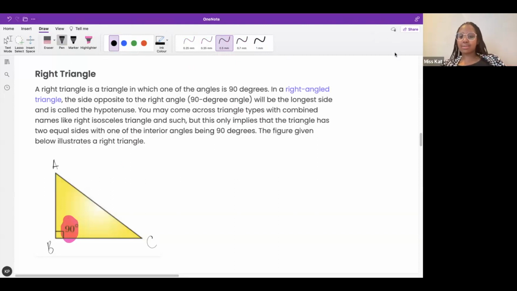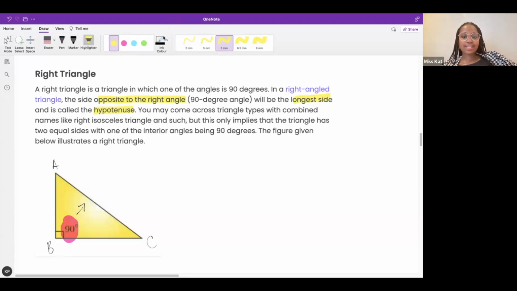Yes, in the 3rd lesson from today. AC, it is opposite the right angle. And it is the longest side of my triangle. Okay, so in a right angle triangle, it is the longest side, and that is the hypotenuse, and it will be opposite the right angle.